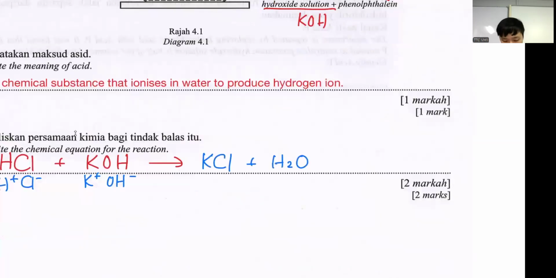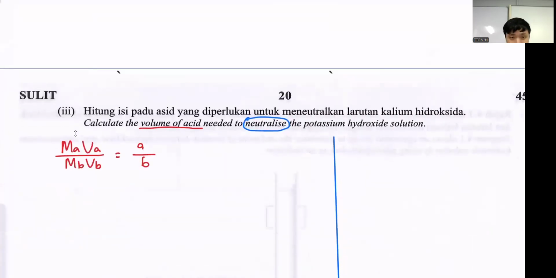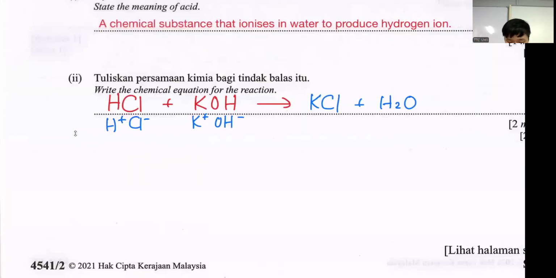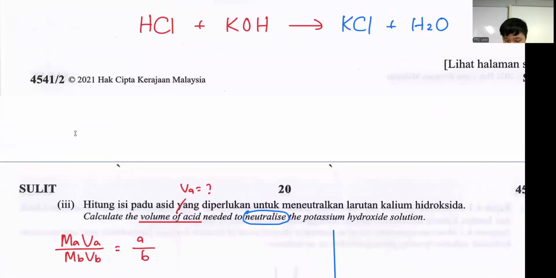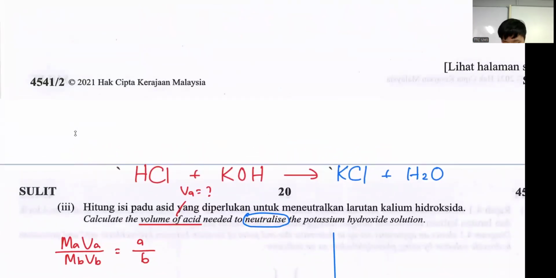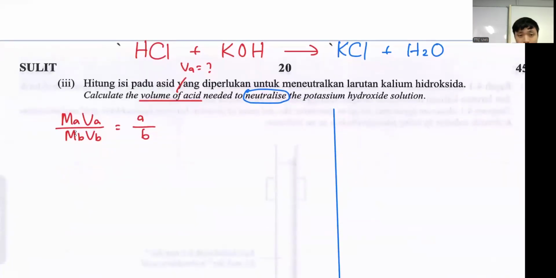Volume of base is given. So what do they ask? Volume of acid. VA equals how much? So yes, another one where you have to use the equation. You also have to use the information from the equation. Okay. So in this case, let's substitute inside. MA is 0.5. VA we don't know.